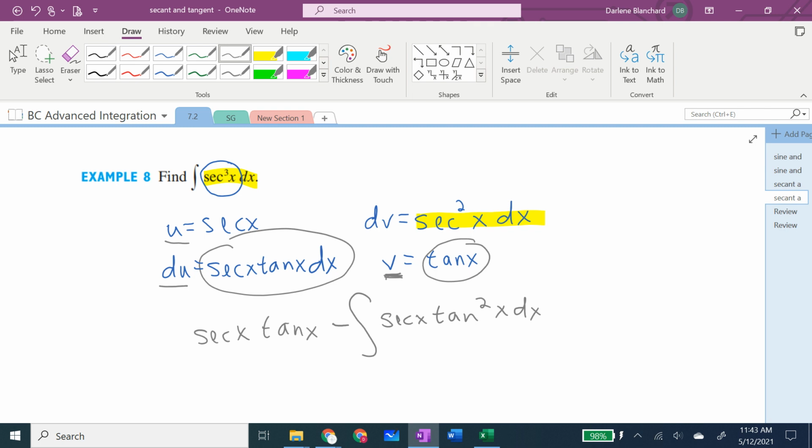And mind you, if secant had been even, you would rather go the direction of what to do with secant when it's even. But because I don't have that with my secant, and I've got an even tangent, what did we do? Anyone remember? Use trig identity. Which trig identity?